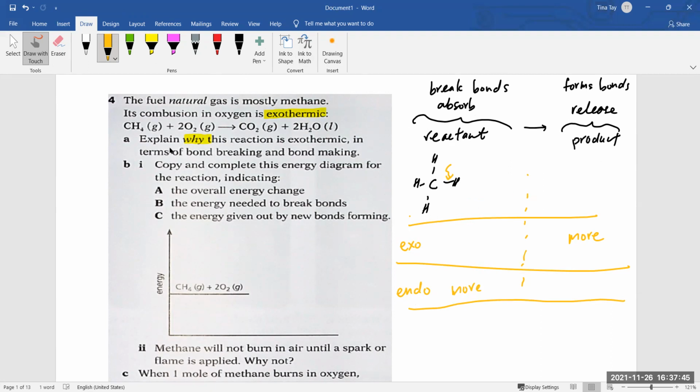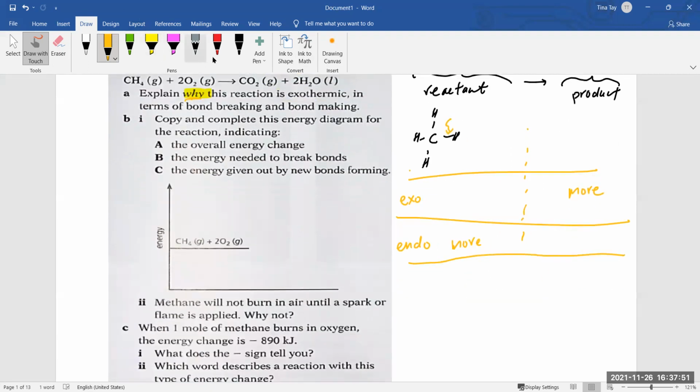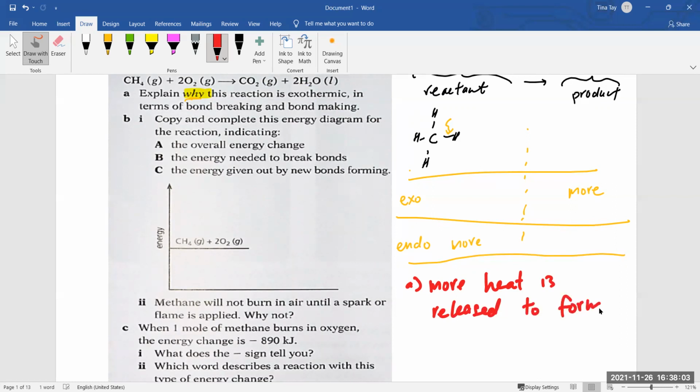Okay, so explain why this reaction is exothermic in terms of bond breaking and bond making. So you have to write the whole sentence. Okay, so more heat is released to form bonds. Less heat is absorbed to break bonds.